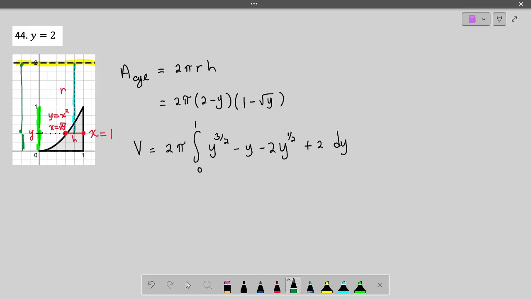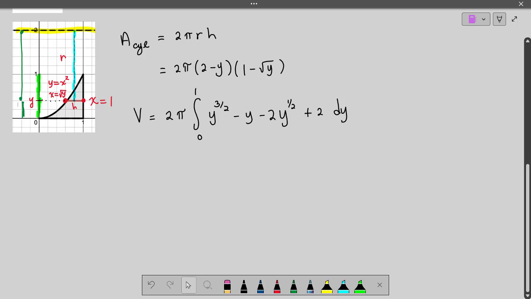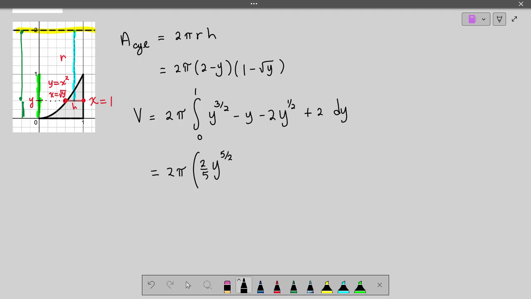And now we can do our regular integration using power rule. So we will add 1 to the exponent, creating y to the 5/2. And then we will divide by 5/2.